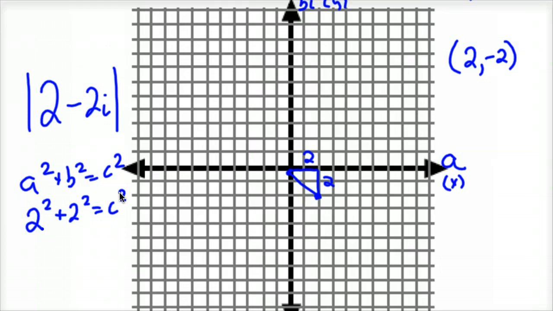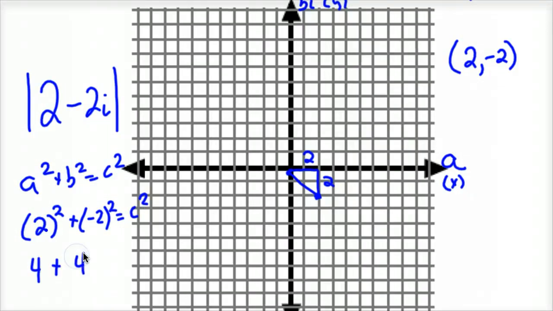I took out the negative 2, I should put that back. So 2 squared plus negative 2 squared equals c squared. Well, when you do that, that's 4 plus 4 equals c squared. So 8 equals c squared.